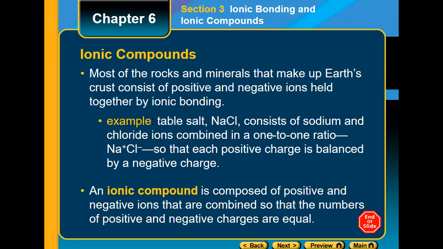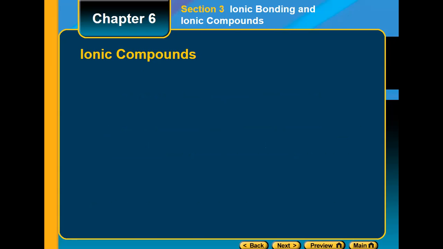In an ionic compound, it happens when the positive and negative ions are attracted to each other. Here we have a very important rule in ionic compounds: the amount of positive charge must equal the amount of negative charge, which means the number of electrons lost by the atom that gives the electron, the less electronegative atom, equals the number of electrons gained by the higher electronegativity atom. For example, in sodium chloride, sodium loses one electron and chlorine receives one electron.